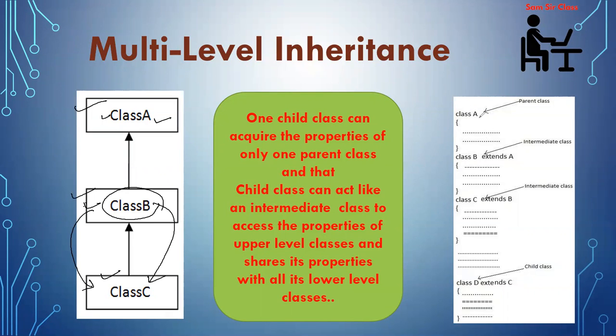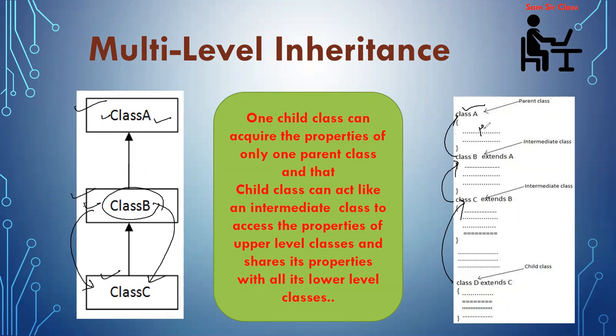Like in this image, class A is the parent class, B is accessing its properties, the intermediate class C is accessing the properties of class B, which is another intermediate class, and D is accessing the properties of class C, which is the last child class.